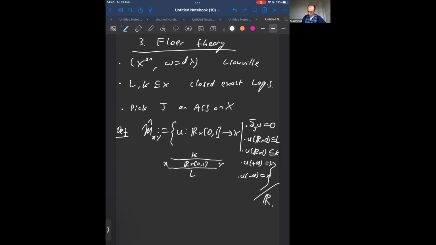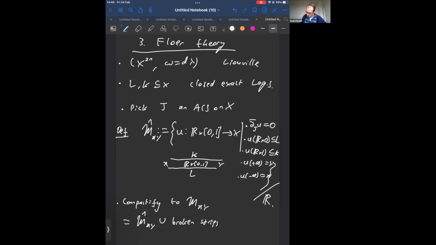These things always have an R's worth of automorphisms, which I quotient by. So you need to pick J generically and maybe some extra data. If you do this, then this will be a manifold of finite dimension, which is nice. Then we compactify this in the usual Gromov compactification to what I'll call MXY, which is M hat union broken strips.